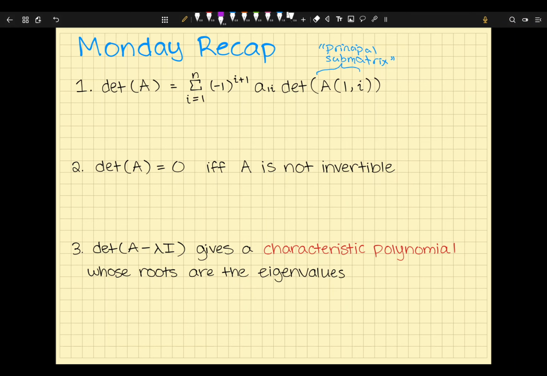And then this one we didn't say, but if you take the determinant of your principal submatrix and you multiply it by this -1, the sign factor, this is called the cofactor. And then lastly, just this determinant on its own, this is called a matrix minor. And then due to this cofactor term, this formula for the determinant is called cofactor expansion. And so in homework 14, you will code cofactor expansion.